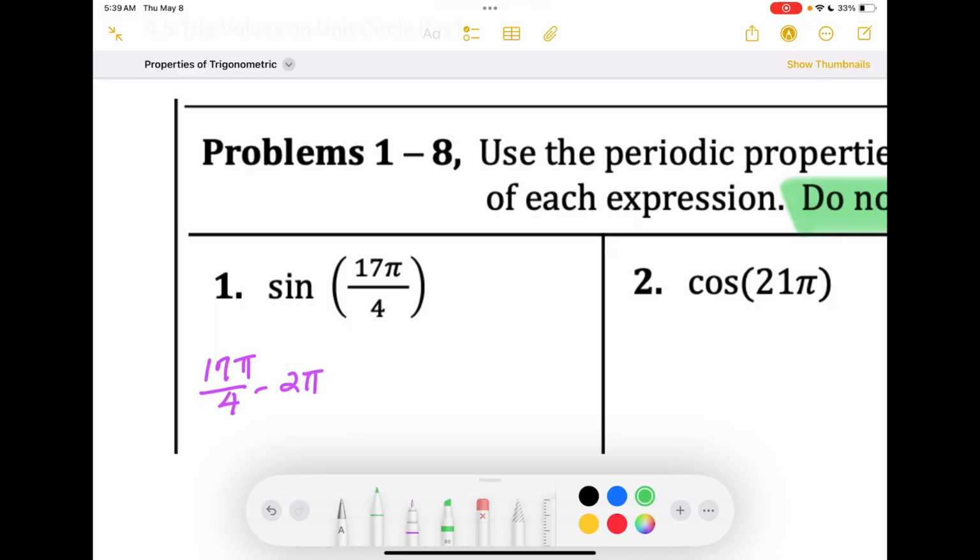Because my denominator is 4, I need to change 2 pi to 8 pi over 4. So you get 17 pi over 4 minus 8 pi over 4, and 17 minus 8 gives us 9 pi over 4.